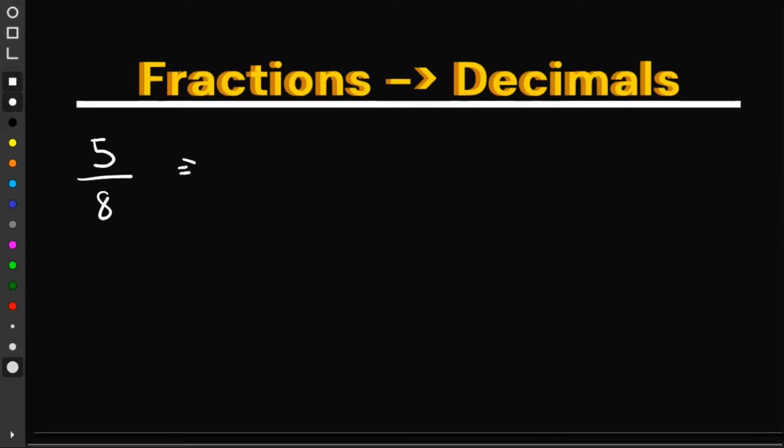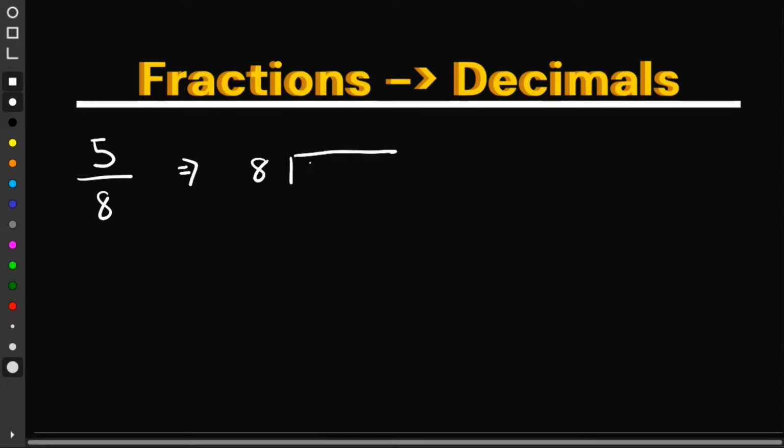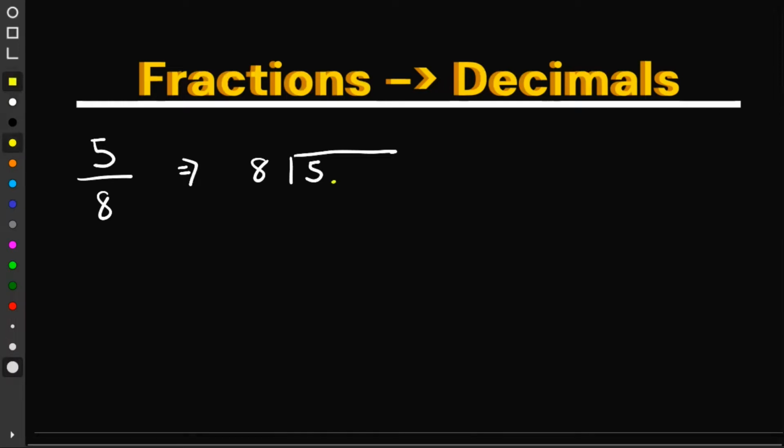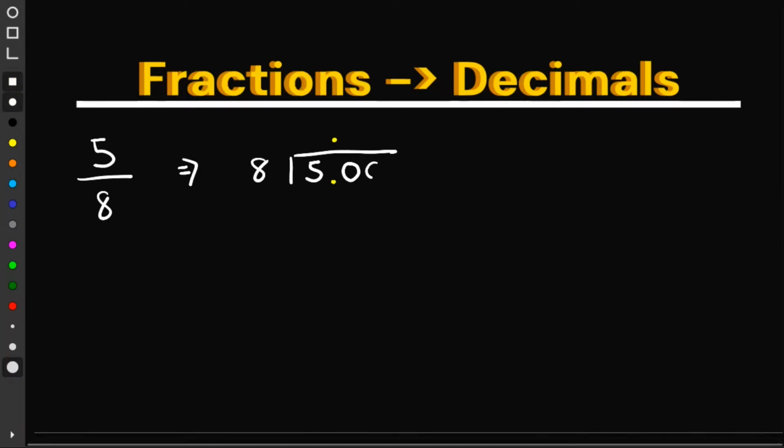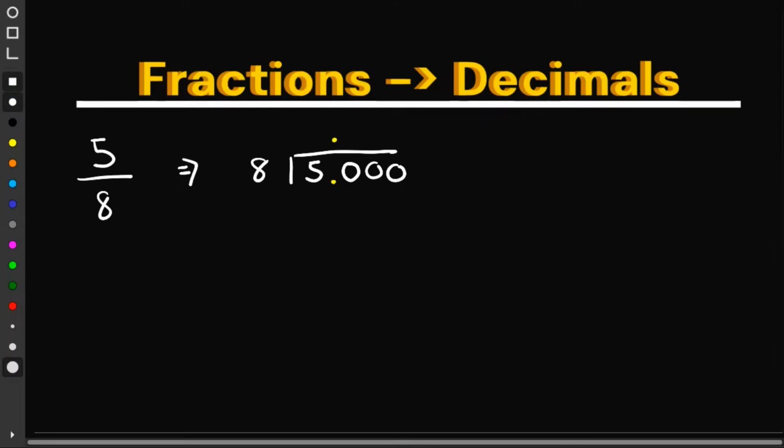So we can write this one as 5 divided by 8. How we do this is we add a decimal point out here. Since we add it here, we also add it above. And what we do is we add zeros out here, but we start with only 1 zero first.